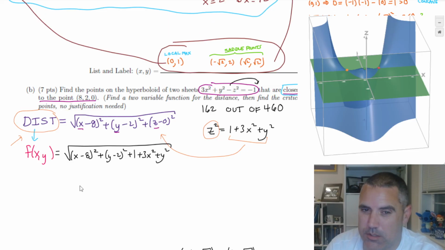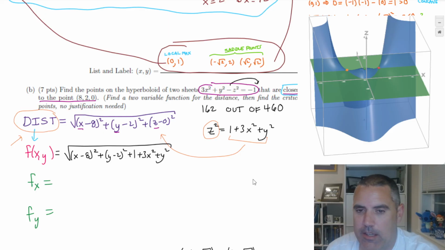Okay, so then the rest of the question is taking the derivatives and setting them to 0, and that was what that hint was about. The way I like to do this, and the way I mentioned in class, is the derivative of a square root is 1 over 2 times the square root. That's not going to matter in solving this.